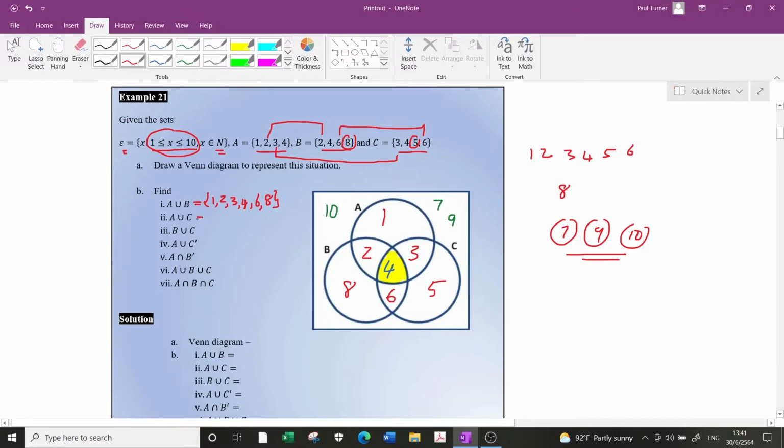A or C, A union C. So these elements here, 1, 2, 3, 4, 5, 6.